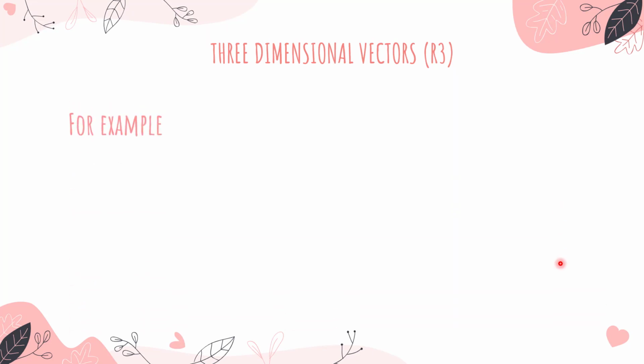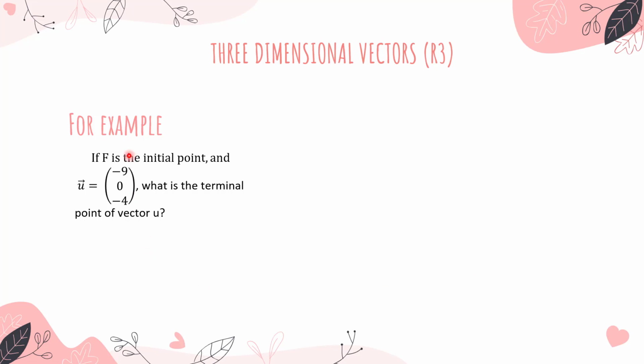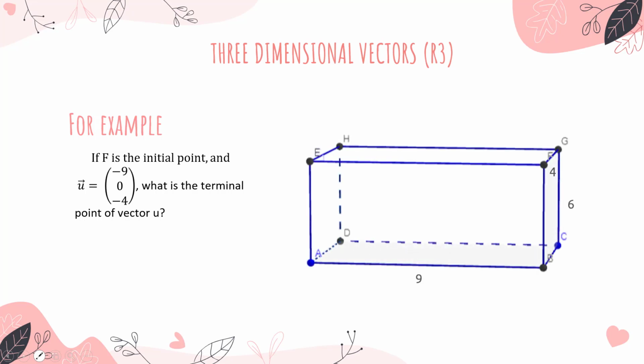For another example, let's see. We have F as the initial point, and we have the vector u, which is (-9, 0, -4). What is the terminal point of vector u? Okay, you can think of this cuboid and find the terminal point.